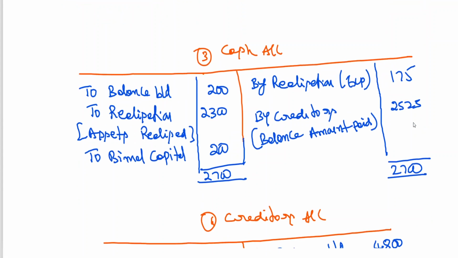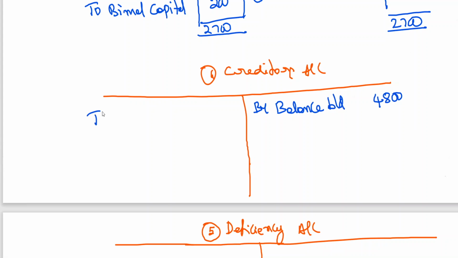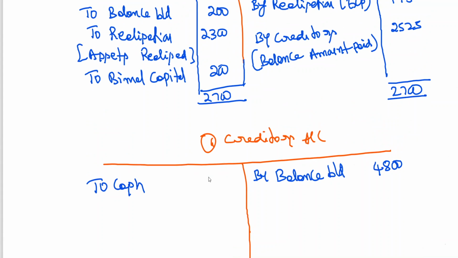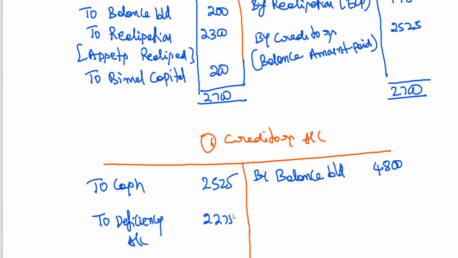Now we can go to creditors account. In creditors account we write to cash. You are supposed to pay 4,800, but you are able to pay only 2,525. The balance amount that you are unable to pay is transferred to which account? Deficiency account. This is the deficiency, 2,275.